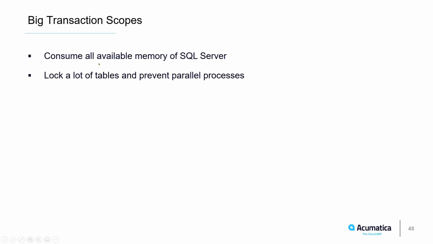Now, let's say we have a big chunk of data that we want to save at once in one transaction scope. What may happen is that the transaction scope may just consume all the available memory on your SQL server, and your SQL server is going to be very slow.